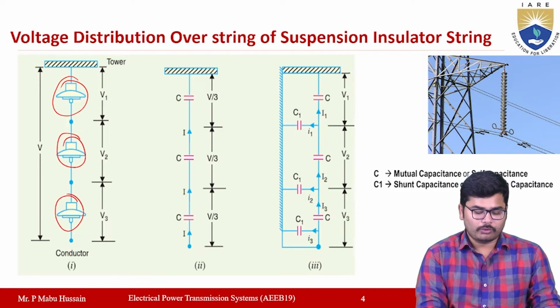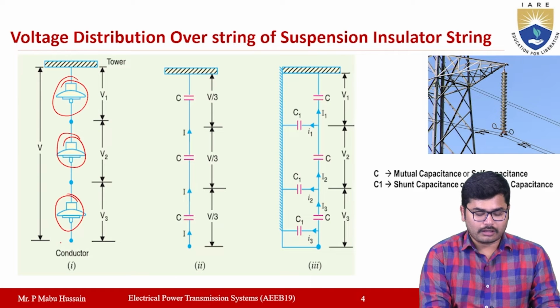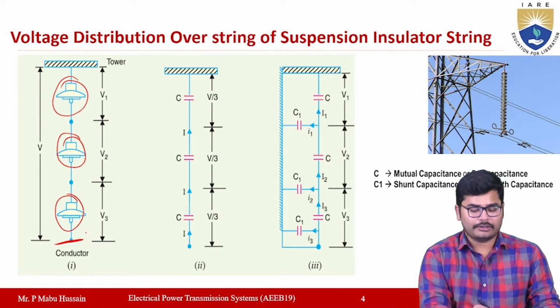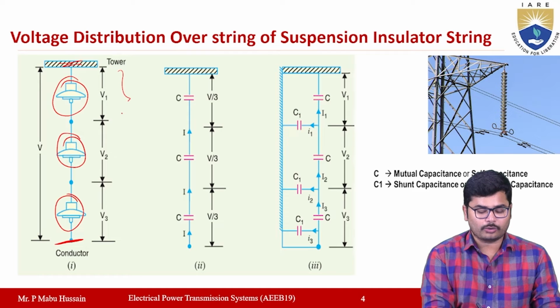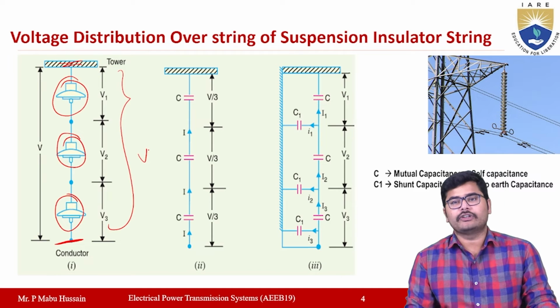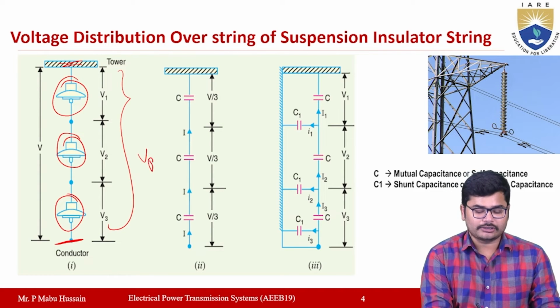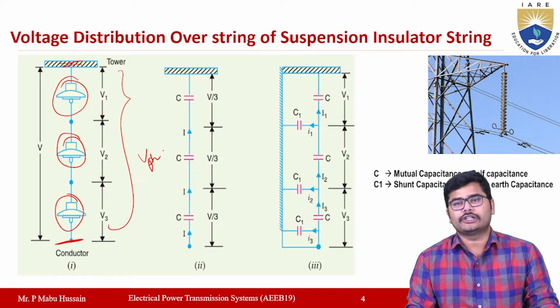Now the voltage across the conductor at the lower end of the insulator and the tower structure is called the total voltage across the string of the insulator. This voltage, which is a phase voltage, is distributed across all 3 insulators.